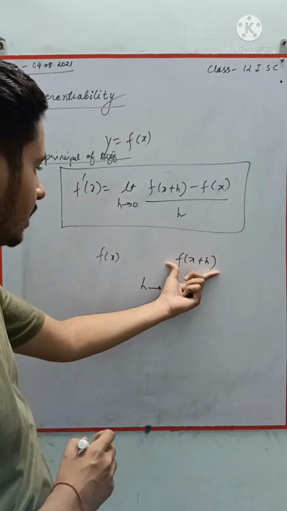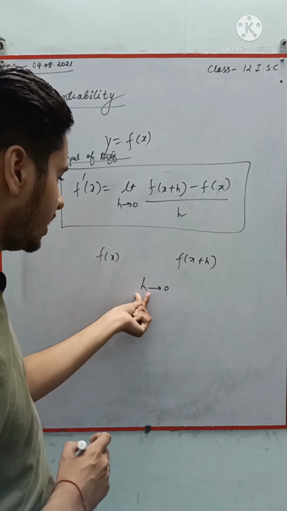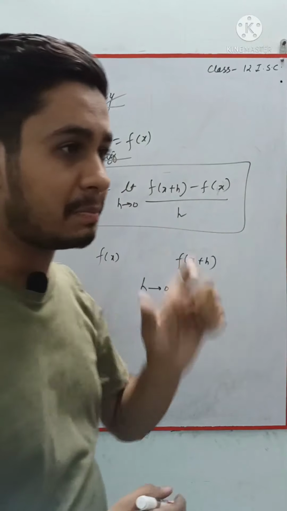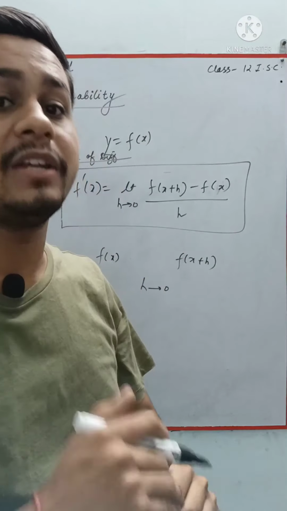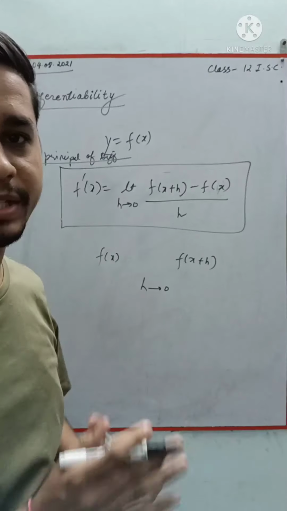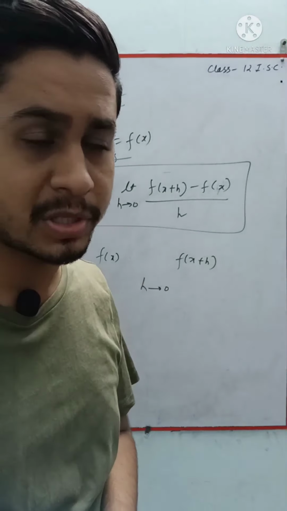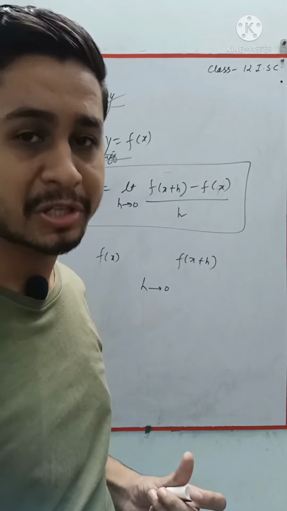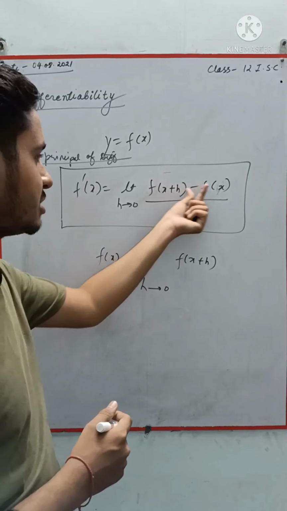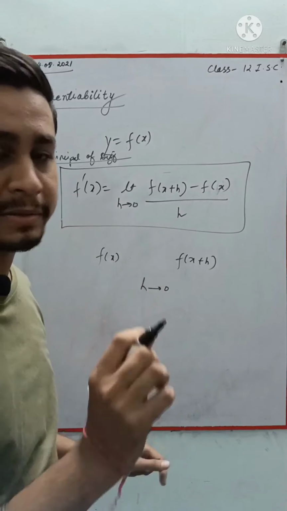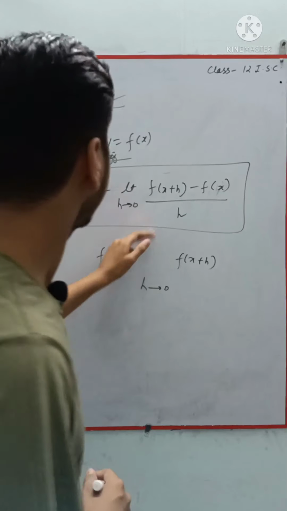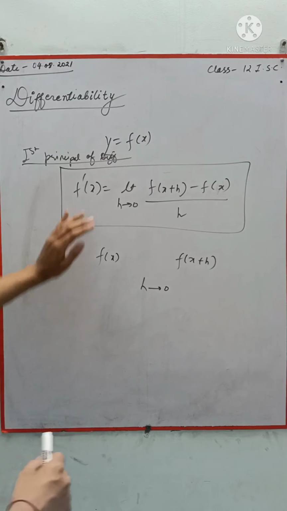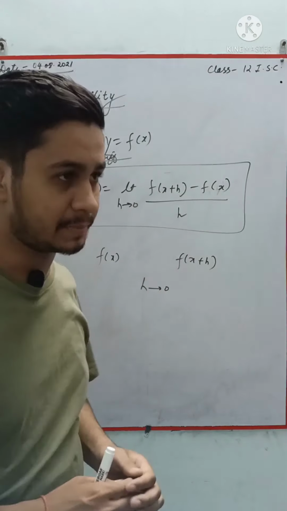Then we know final minus initial divided by the change gives us the difference, because differentiability means we are actually seeing the difference. And how do we see the difference? The final position minus initial position divided by what, that means with respect to what we are seeing it. So that is f(x plus h) minus f(x) upon h, where h is a negligible change tending to 0. So, keeping in mind the first principle of differentiation, we will be understanding differentiability.